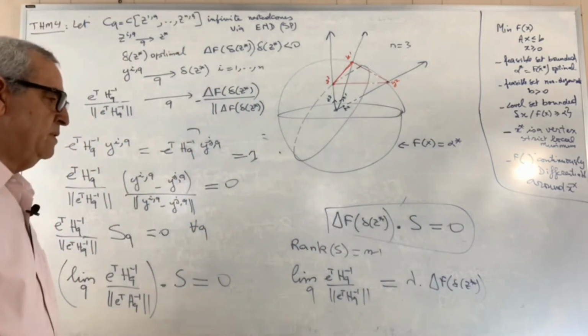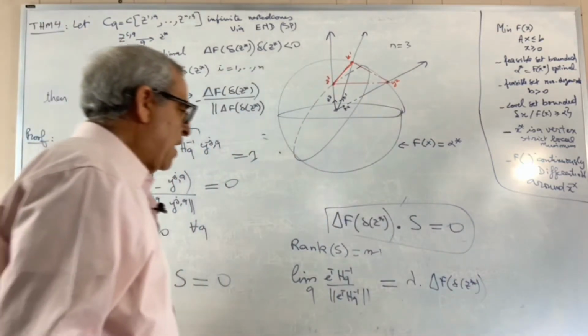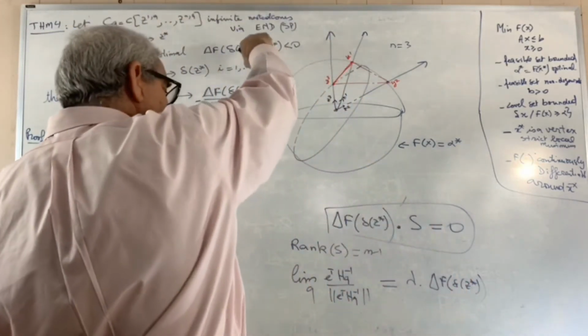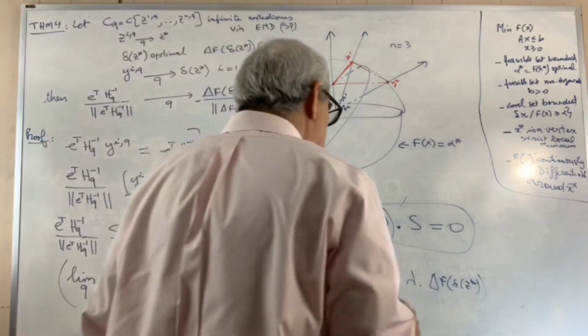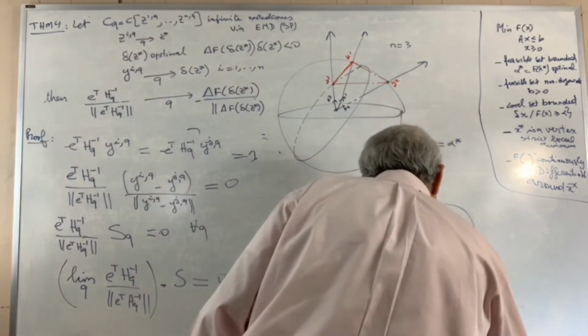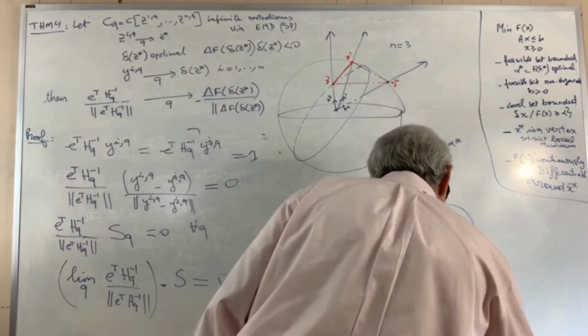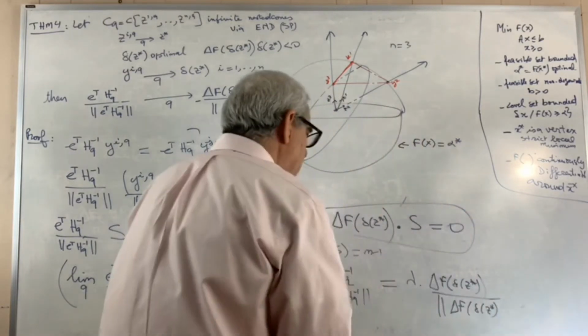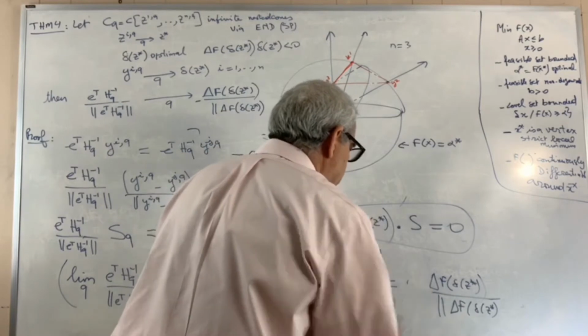So if I normalize this vector, we know the gradient at z star is not 0. If I normalize this, then this becomes just a plus or minus.